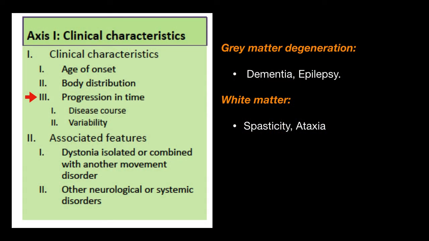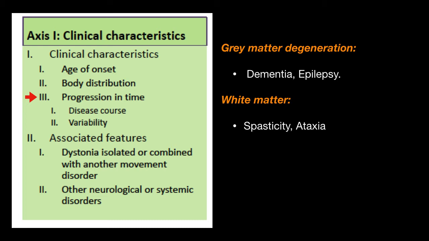Well, the third characteristic in axis 1 is dystonia's temporal pattern. In the setting of multi-system neurological disease, the temporal sequence of the problem can have diagnostic significance. Degenerative diseases primarily targeting gray matter are more likely to give rise to dystonia plus dementia and epilepsy.